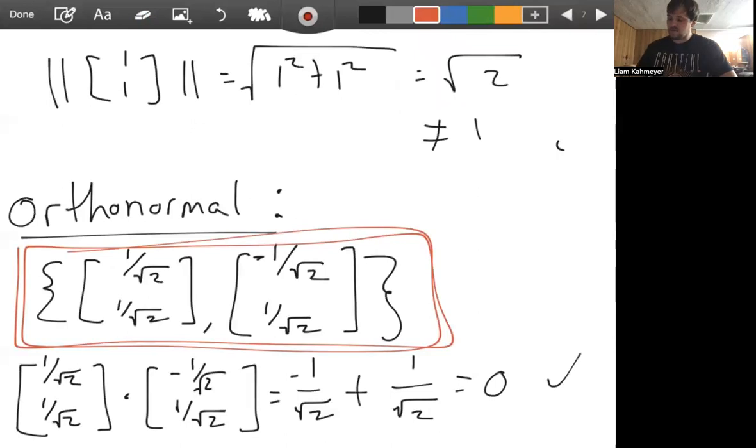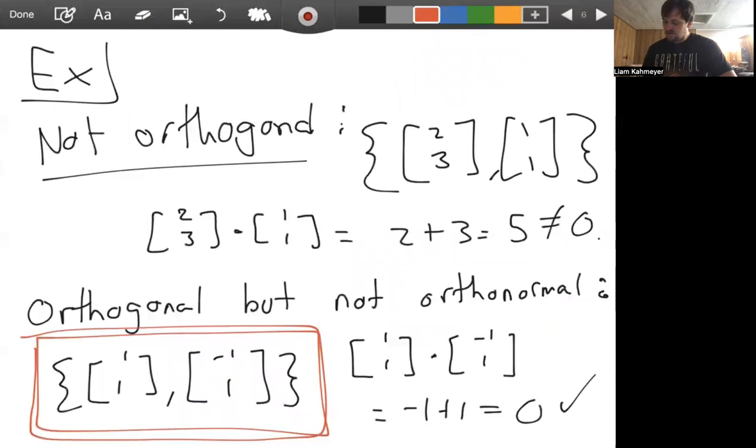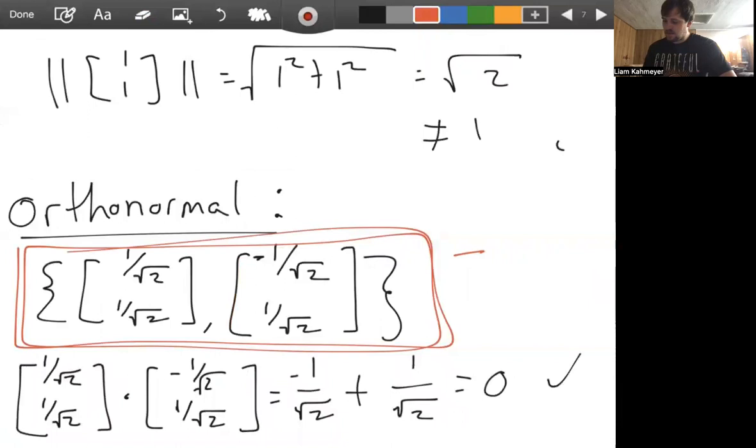Well, how did I do this? How are these related? You'll notice that in the orthogonal set, I took the first vector and I scaled it by 1 over root 2. And I also scaled the second vector by 1 over root 2. And I got exactly this.